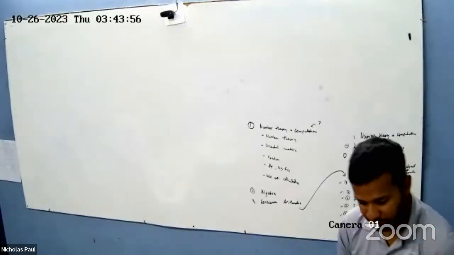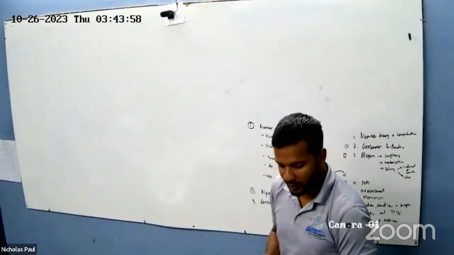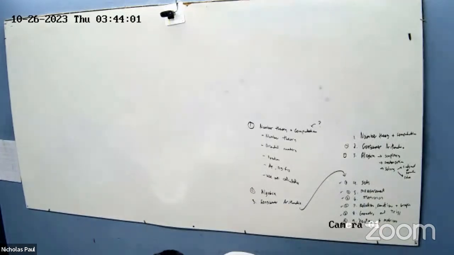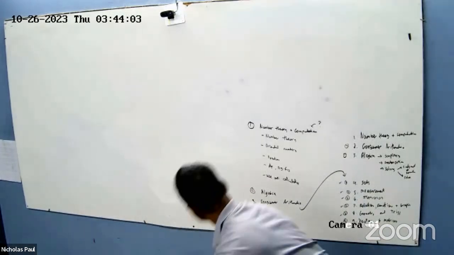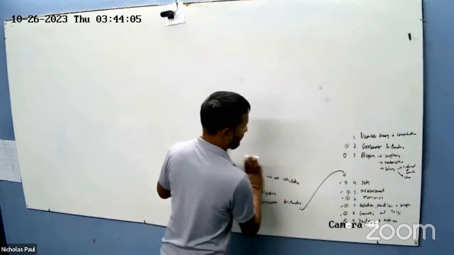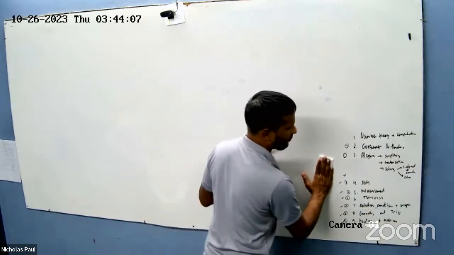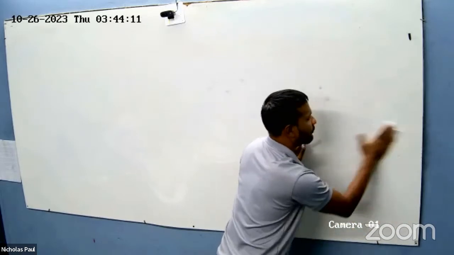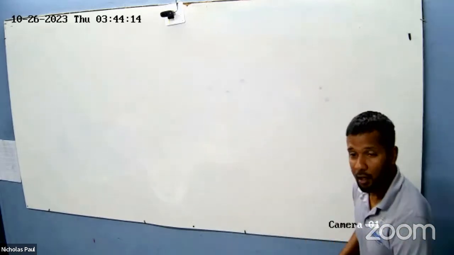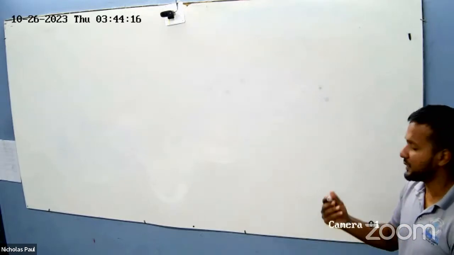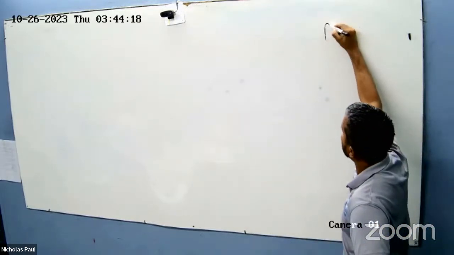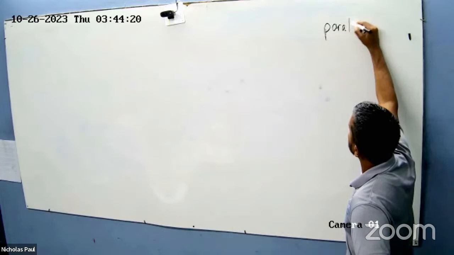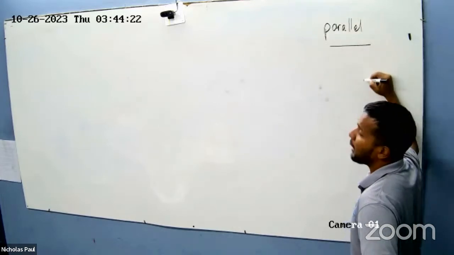Watch up here. We need to learn about parallel and collinear. Let's start with parallel. How do we show parallel?